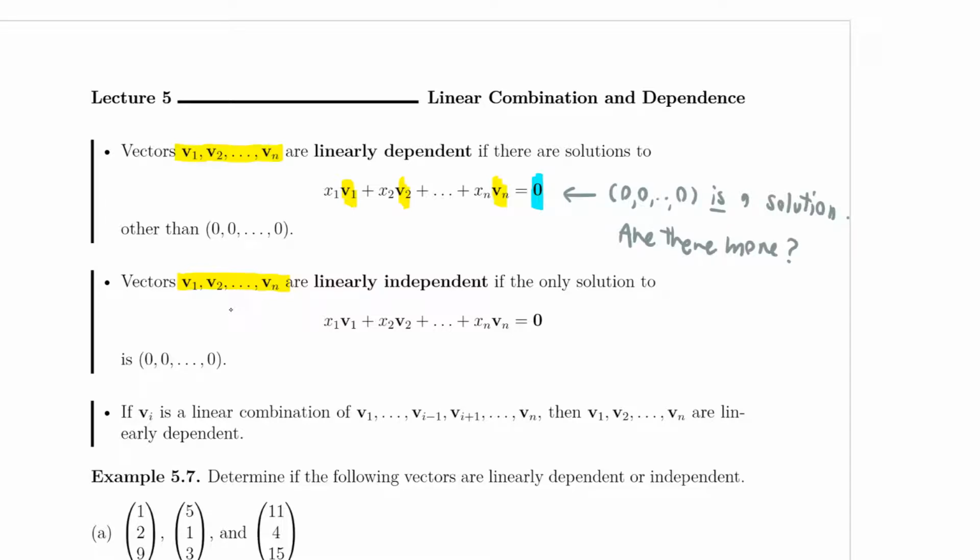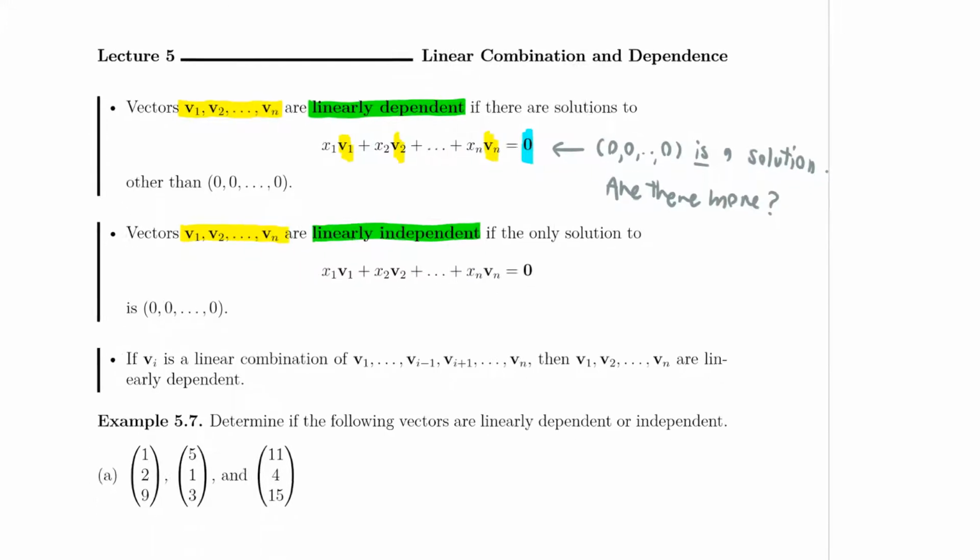If there are more solutions, so there are solutions to this other than 0, 0, 0, 0, then we're going to say that my vectors v1 to vn here are linearly dependent. But if the zero vector is the only solution, then we're going to say that these guys are linearly independent. So the opposite of dependent is just independent.